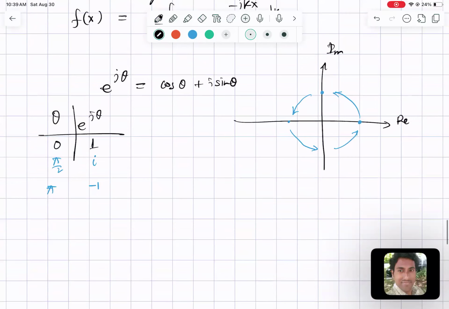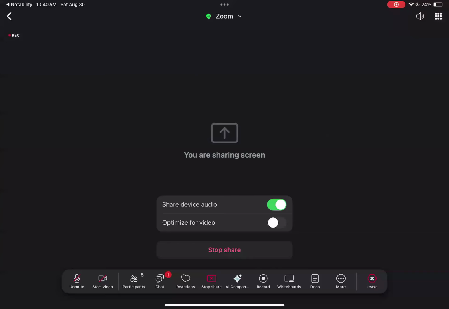So if we change theta, we actually rotate in a counterclockwise direction. So e to the power i n theta, let's call theta pi over 6, and n is an integer.